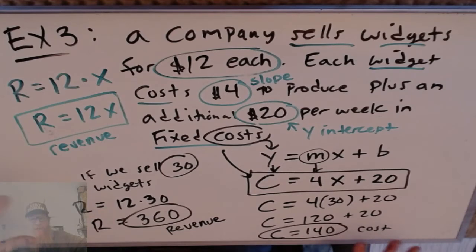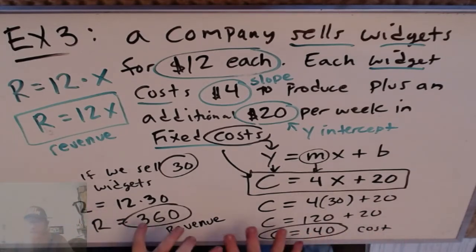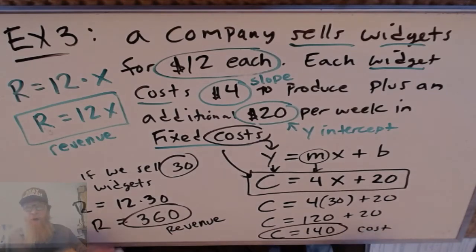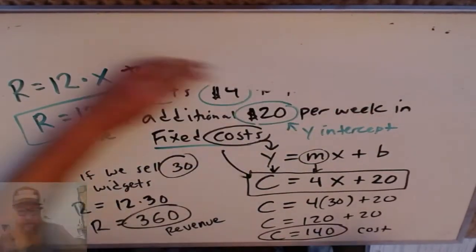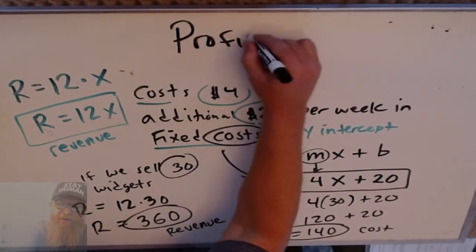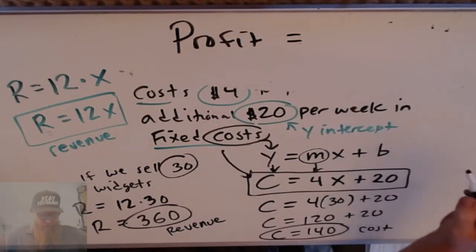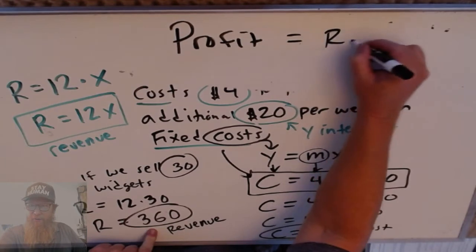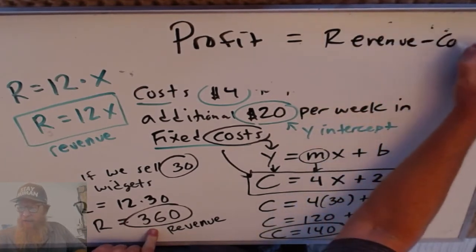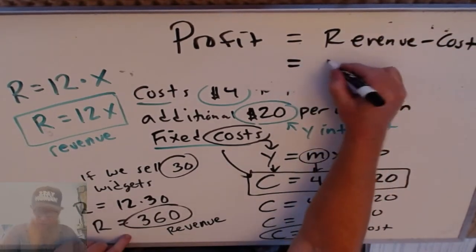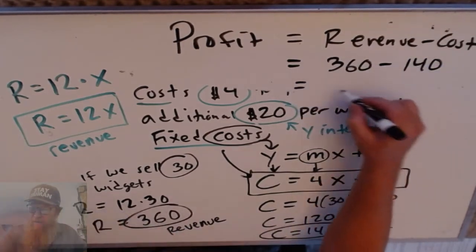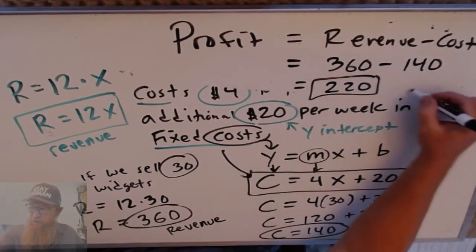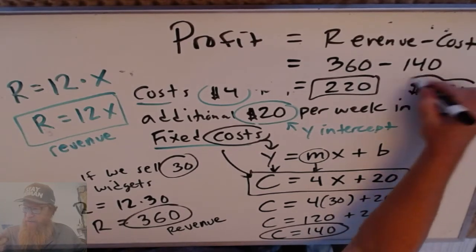Okay, and then the profit is the difference of these two. Profit is equal to revenue minus cost, 360 minus 140, $220.